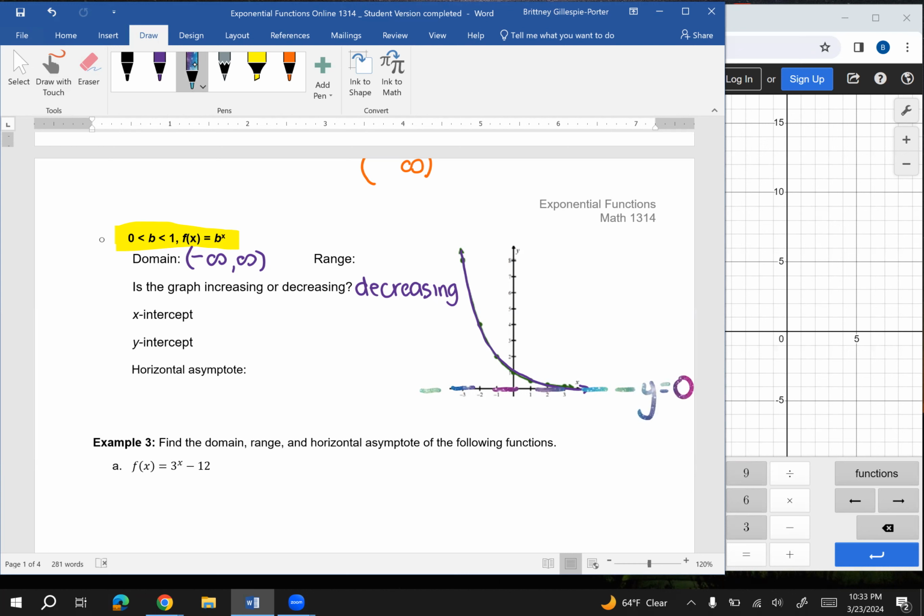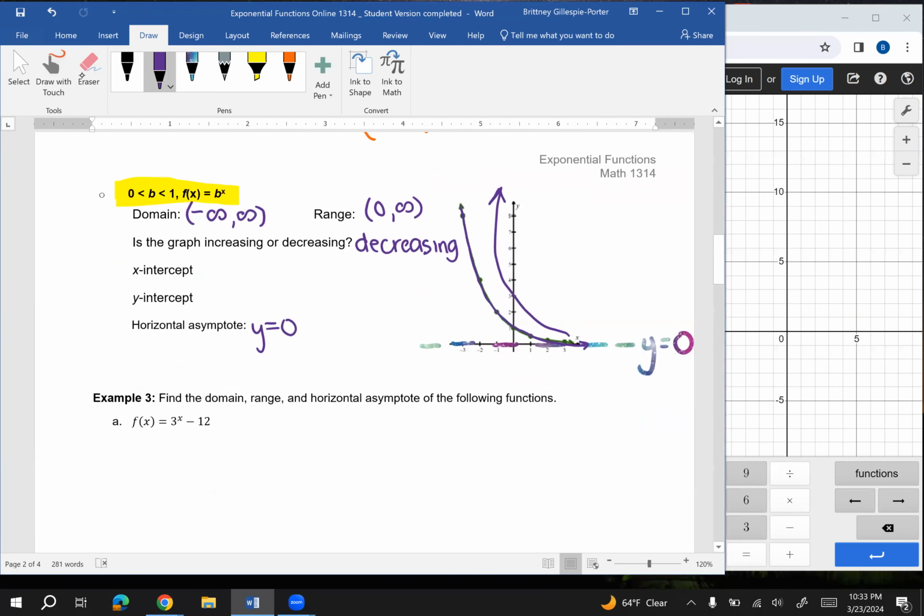So we do have our horizontal asymptote of y equal to 0, and our range is going to be 0 to infinity because y equal to 0 is our basement, and we have nowhere to go but up.